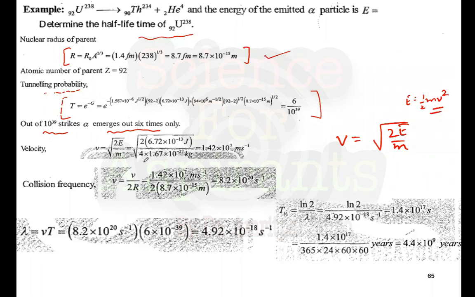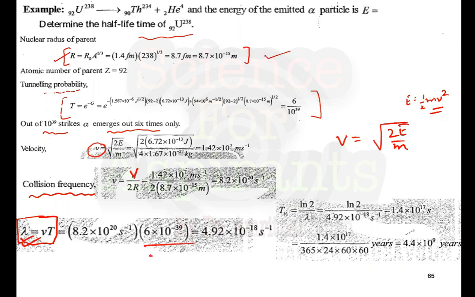And from that you can find the velocity with which these alpha particles come out, and you can find out the collision frequency of this alpha particle, which is equal to velocity over 2r. R you have found from this, and once you find this collision frequency, from that you can find this decay constant lambda value.